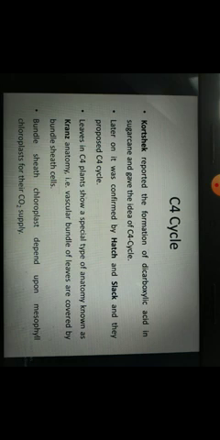They take part in the C4 cycle, so they need carbon dioxide, but they don't get it directly from the atmosphere. They get carbon dioxide from the mesophyll chloroplasts.